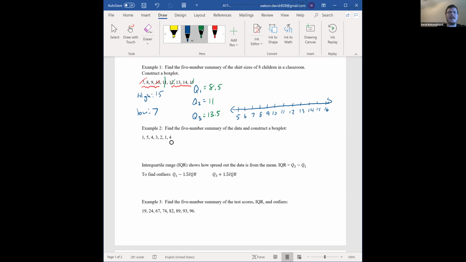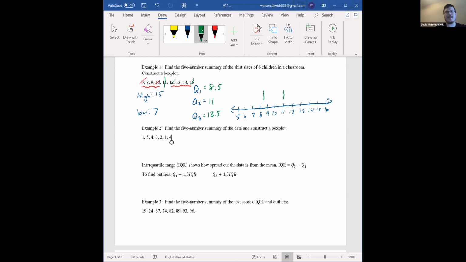So these quartiles are gonna go in a box. All right, here's how we make that box. Our Q1 is 8.5. So I'm gonna draw a line in between 8 and 9. Q2 is 11, and draw another line there.